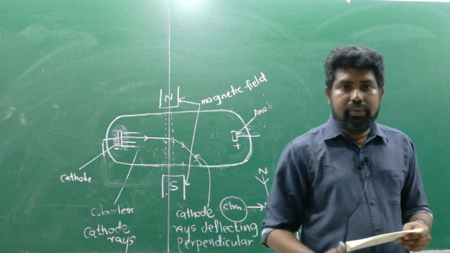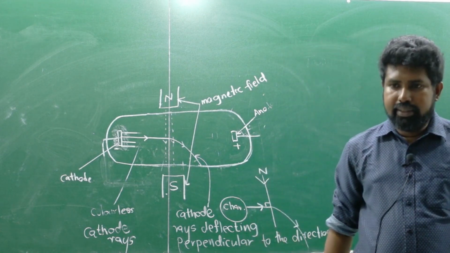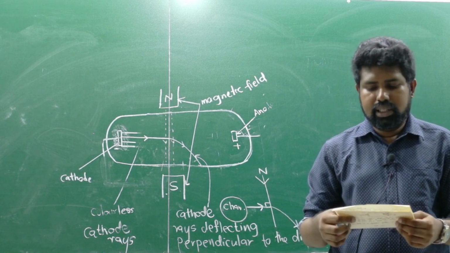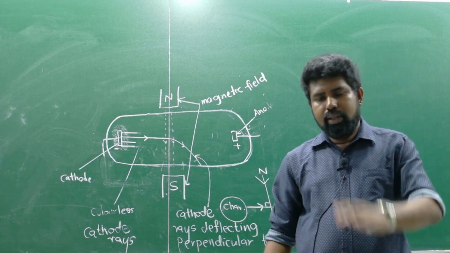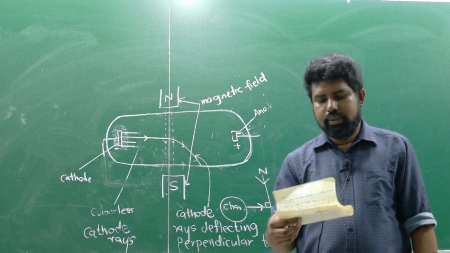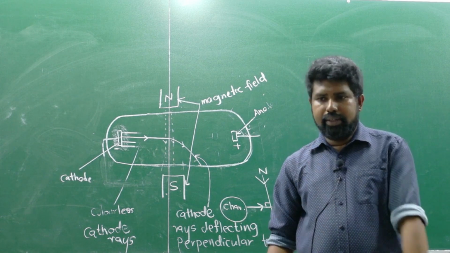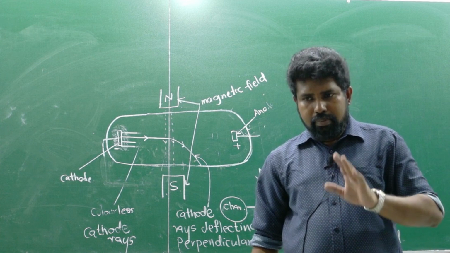Cathode rays are deflected perpendicular to the direction of the magnetic field.